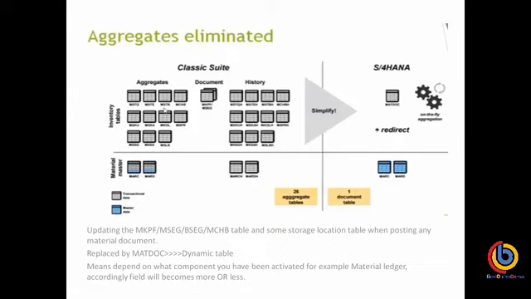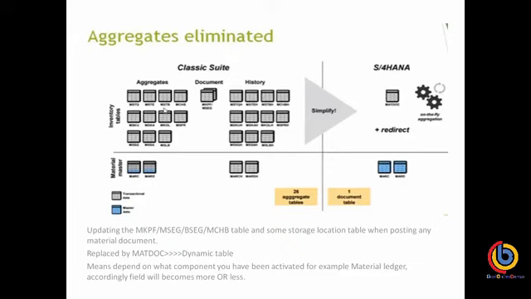In every transaction, if I'm not wrong, SAP is updating a minimum of 5 to 10 tables. For the goods posting, it is updating MKPF, MSEG or BSEG. There are also tables for the storage of the material that get updated, meaning how much quantity has been reduced, and that quantity also gets updated in the storage location table. So such kinds of updates are happening in various tables.